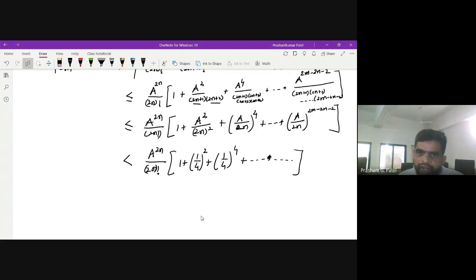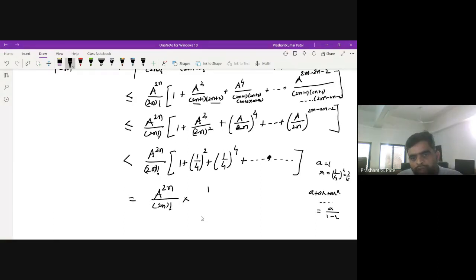Then this series is a geometric series with a is 1 and r is 1 by 4 square, that is 1 by 16. And we know that a plus ar plus ar square up to so on goes to a upon 1 minus r. So this is A power 2n upon 2n factorial into 1 upon 1 minus 1 by 16.